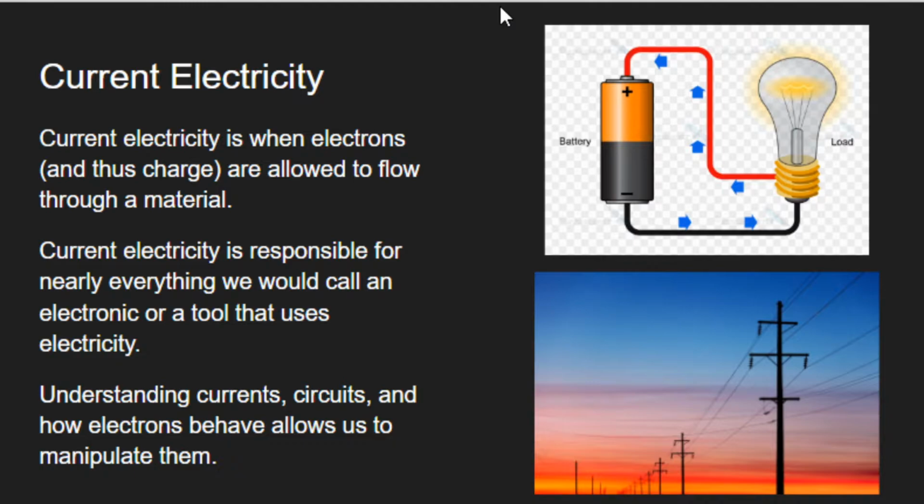Current electricity is responsible for nearly everything we would call an electronic or a tool that uses electricity. Everything that uses electricity, we're basically using current electricity for. And understanding currents, circuits, and how electrons behave allows us to manipulate those things. So we're going to go into current electricity for the remainder of the unit.